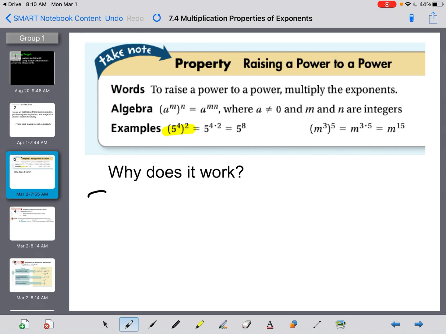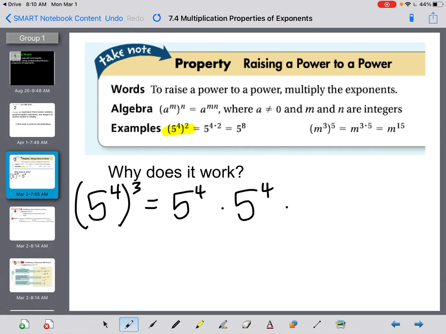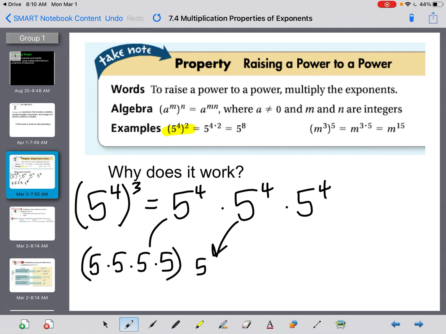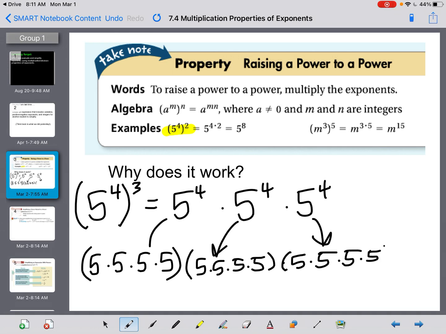The reason that this works: if I have 5 to the fourth to the third, this whole thing actually means 5 to the fourth times 5 to the fourth times 5 to the fourth power. Each one of these 5 to the fourths is four 5s.